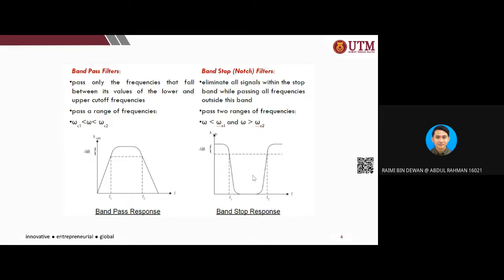So this is your band stop filter. It looks like a combination of low pass filter and high pass filter. The same, F1 and F2 are the cutoff frequencies, where you obtain the reduction in magnitude of about 1 over square root of 2, or 0.707. Okay, this is the definition.